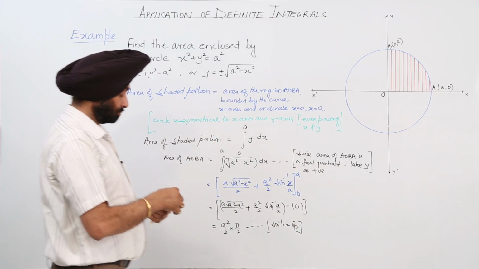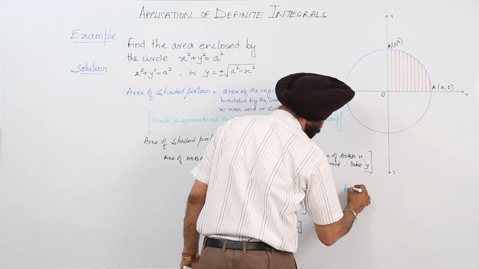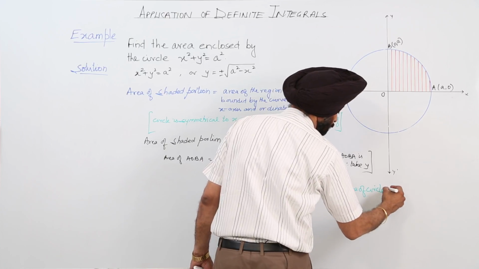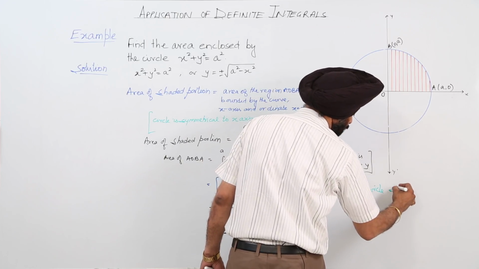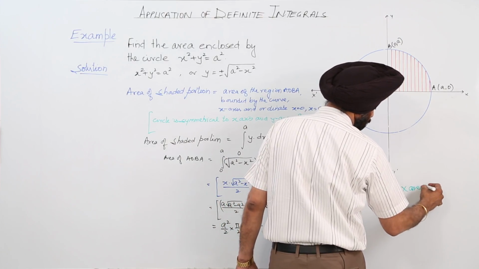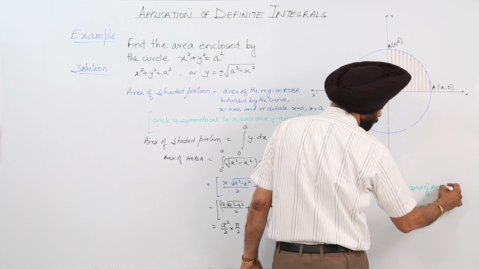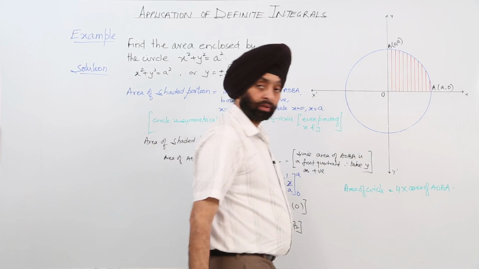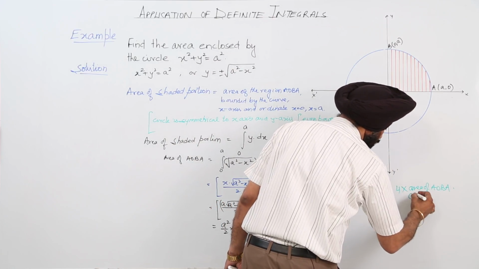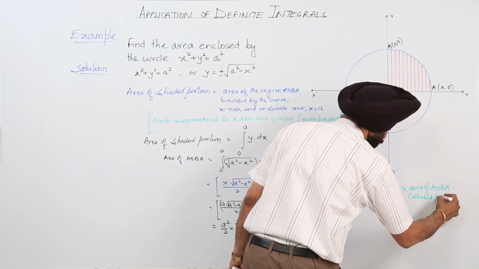Now, area of circle is equal to 4 times area of AOBA. And what is area of AOBA? AOBA is shaded portion.